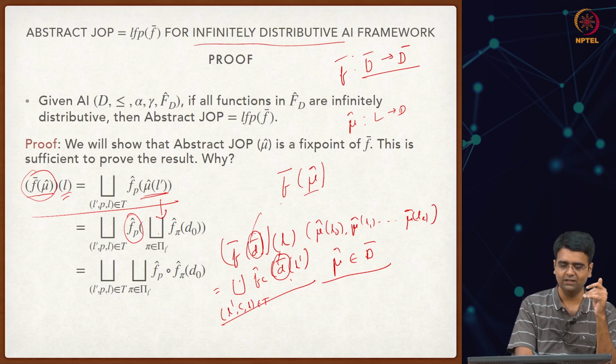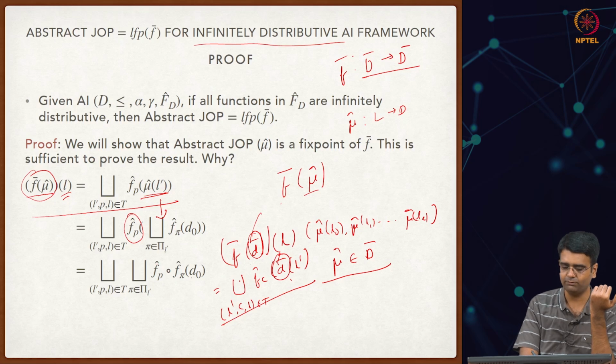I can first apply the function and then take the join. I'm just taking this f hat p inside, which I can do because it is infinitely distributive. So the inner join has come outside: the join over all paths pi to the location L prime, and f hat p has gone inside, so I have f hat p of f hat pi of d0.